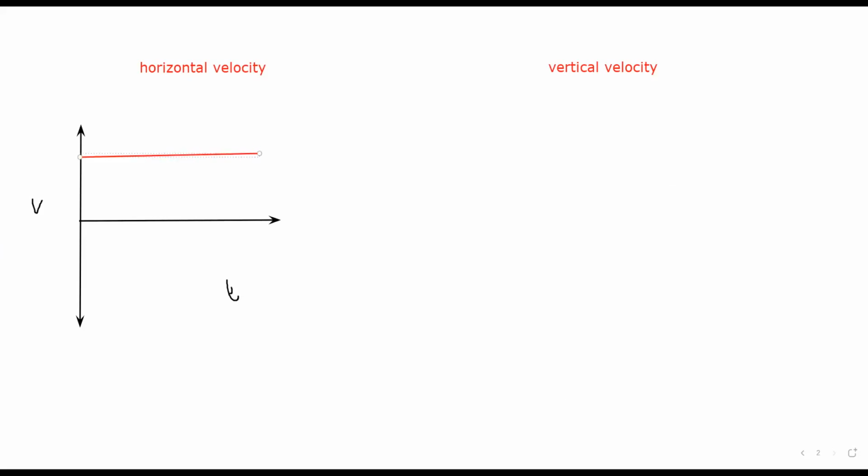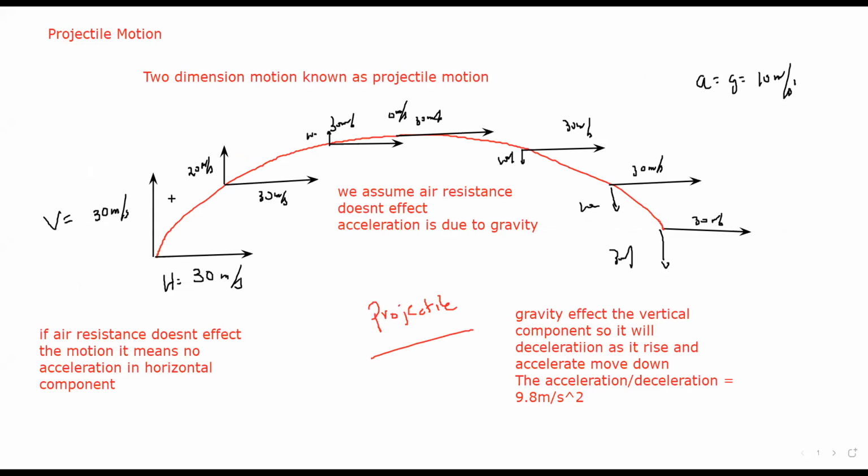But for vertical velocity, as you can see, when we launch a projectile, the vertical velocity is maximum. Then it starts to decrease and then again it increases.